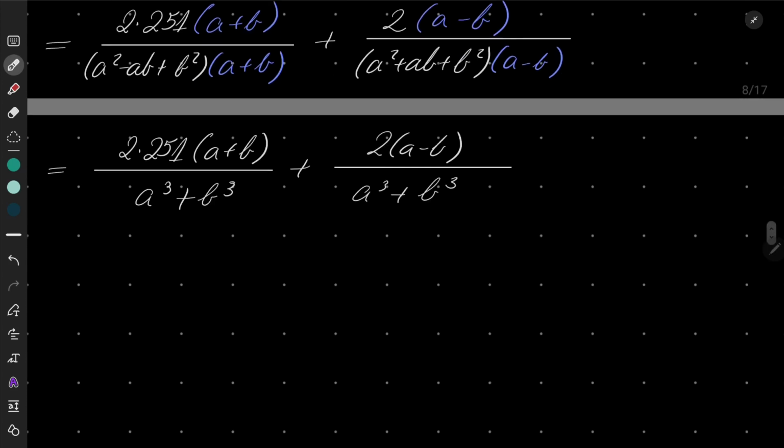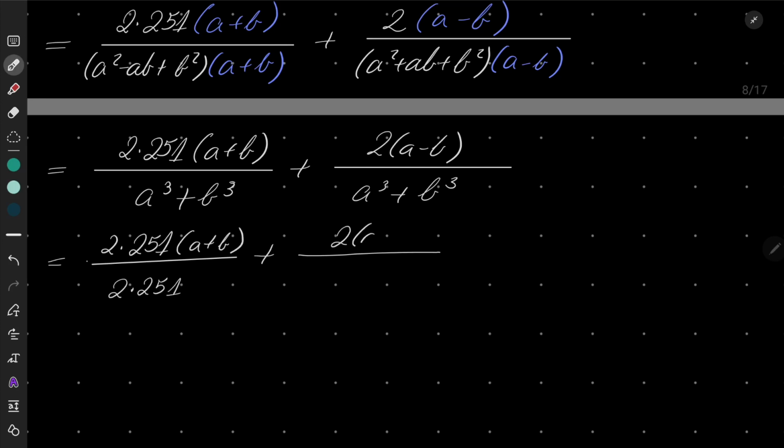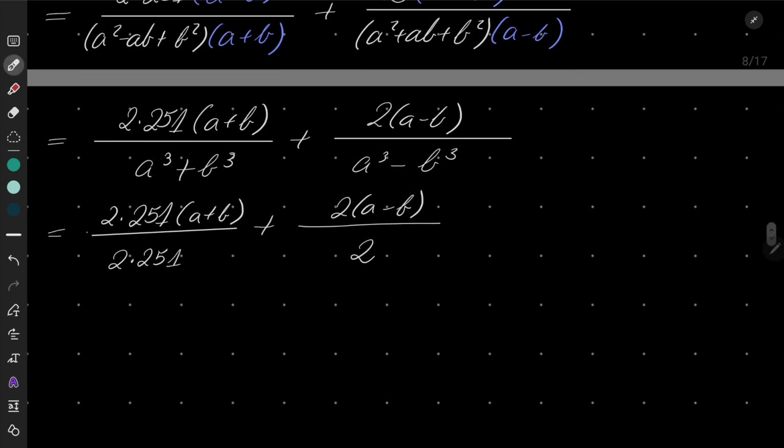Okay, nice. And now let's recall one last time that a cubed plus b cubed is 2 times 251, and a cubed minus b cubed was just 2. Sorry, there should be a minus there, my bad.